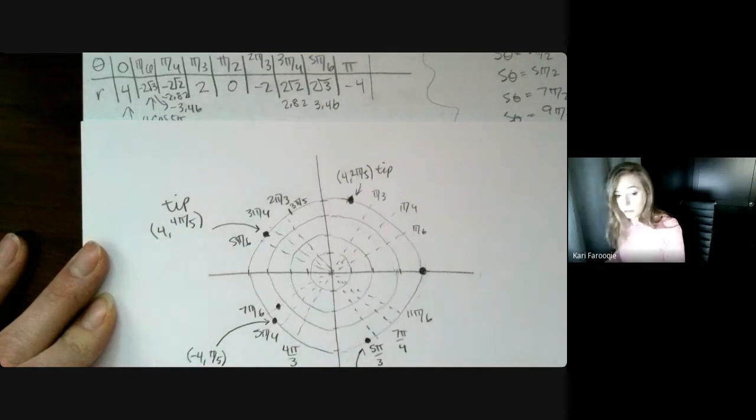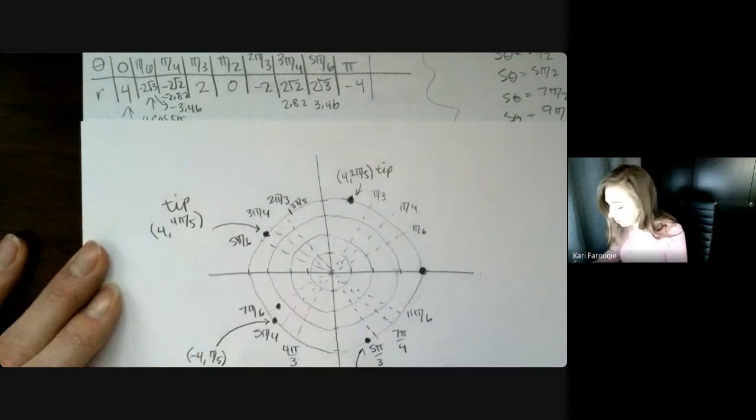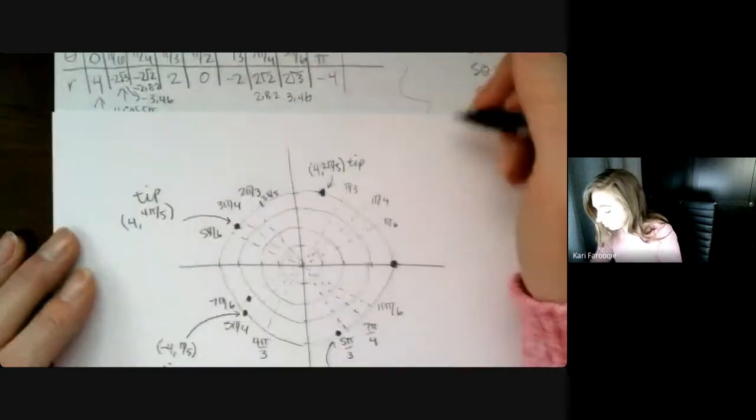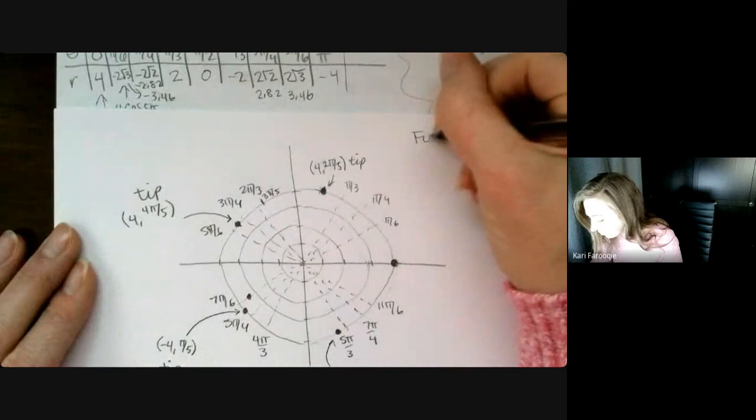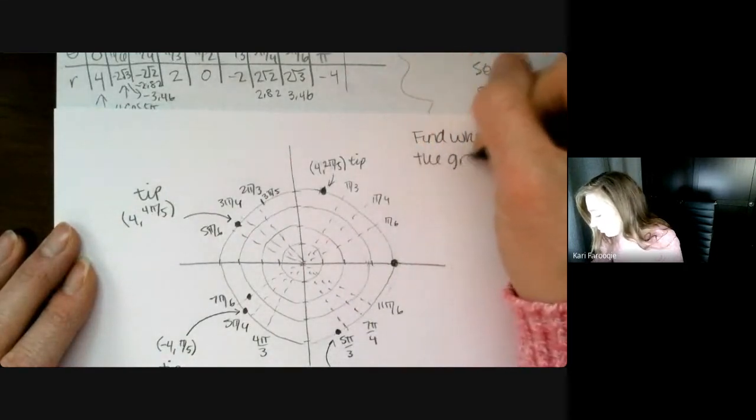Now, if you don't believe me, we're going to have to just get these 0 values. So it would probably be extremely helpful to find where the graph hits the origin.